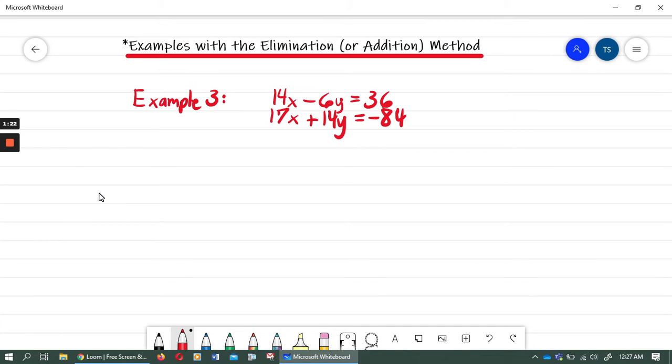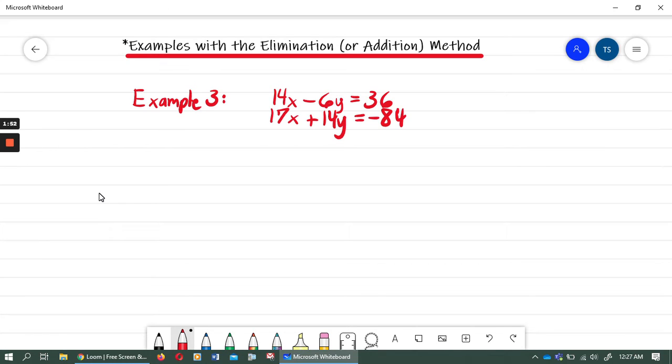Guys, remember with the first example we had two equations where the coefficients of one of the variables were already additive inverses, or opposites, and in that first example all we had to do was literally just add the two equations together, and immediately that one variable canceled out.